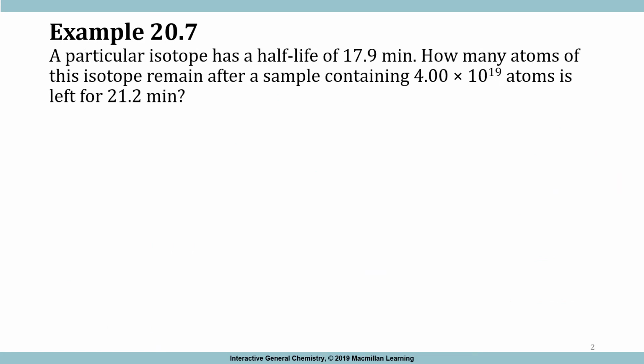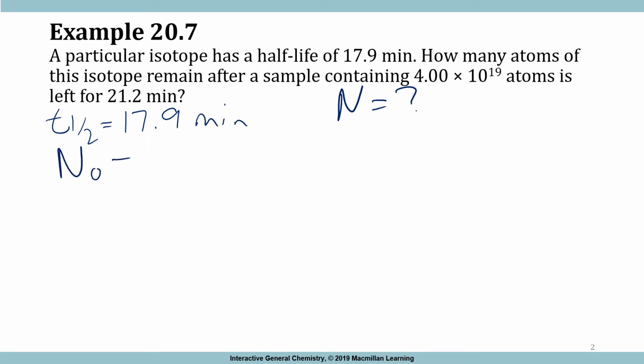Example 20.7 says a particular isotope has a half-life of 17.9 minutes. How many atoms of this isotope remain? So we're looking for N, after a sample containing 4 times 10 to the 19 atoms is left for 21.2 minutes.